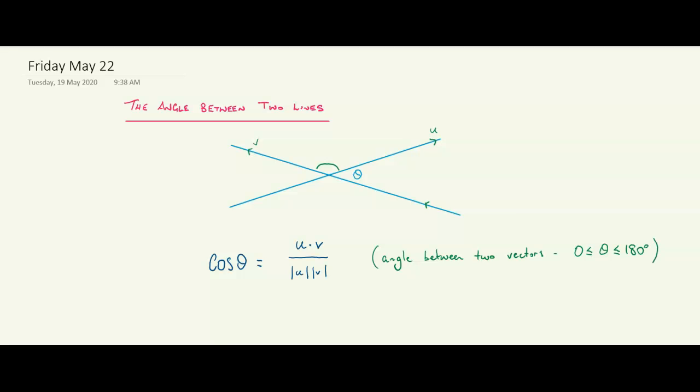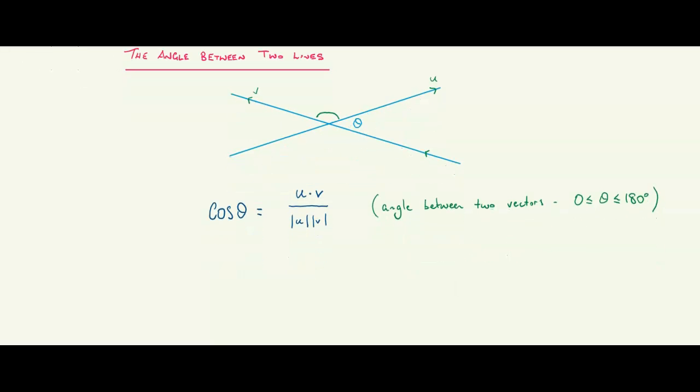But if we're only considering the lines now, we're not considering the direction, then the angle between the two lines can only be acute, in which case we are going to adjust our formula to make sure that my result is always positive. So cos theta equals, yes, u dot v for my vectors u and v, but I'm not worried about the direction, it's just the acute angle between the two lines that I'm interested in.